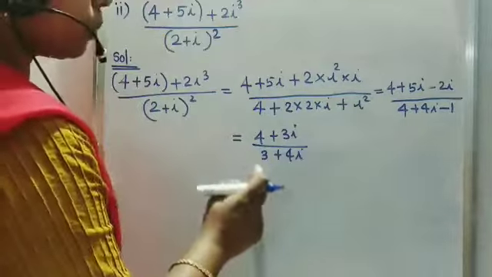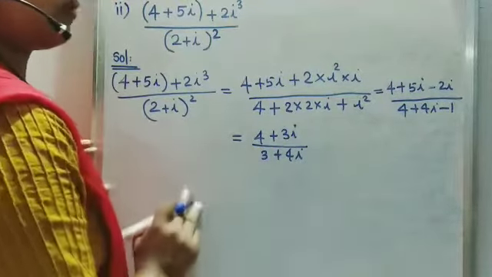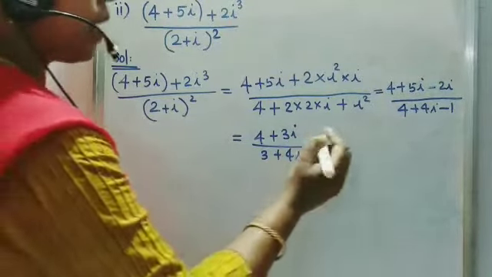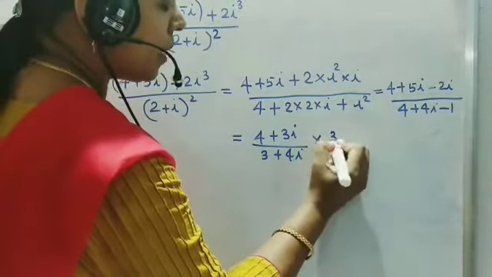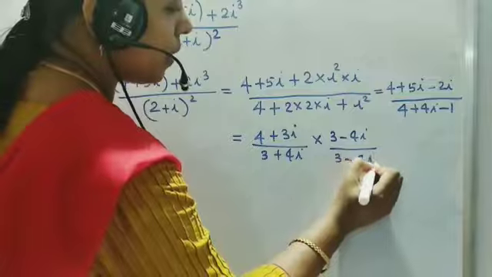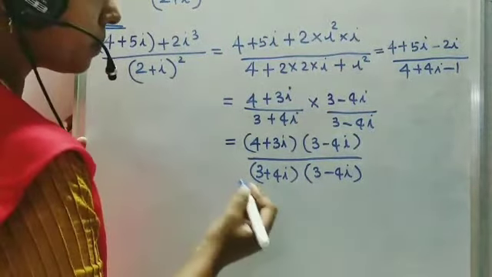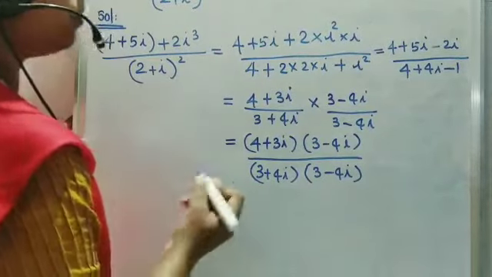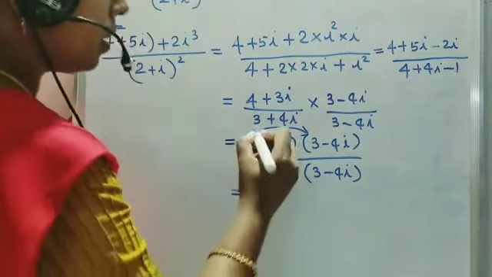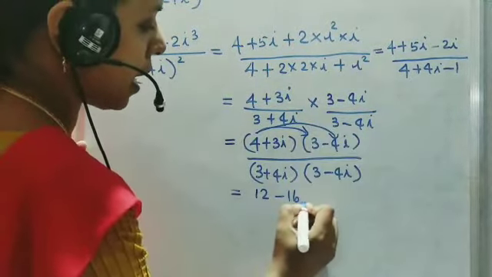Here the denominator is 3 + 4i. Its conjugate is 3 − 4i. Multiply numerator and denominator with its conjugate, that is into (3 − 4i) divided by (3 − 4i). That is equal to, we multiply 4 into 3, that is 12. Next 4 into negative 4i, that is negative 16i.